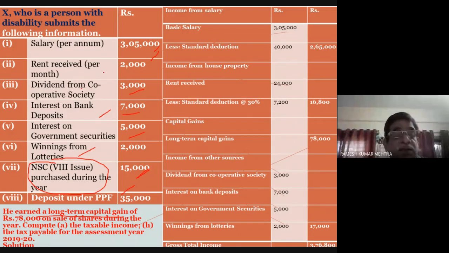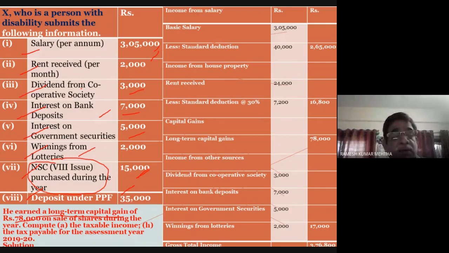Okay, so here if we look at the problem, there are salary income, there is house property income, there is dividend income, there is interest on bank deposit, interest on Government of India securities, winnings from lotteries, and he has done some investments which are qualified under section 80C, and he has got a long-term capital gain also.